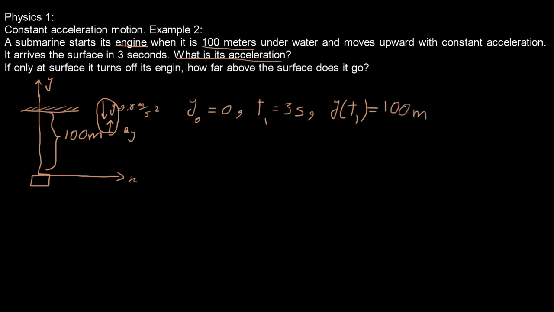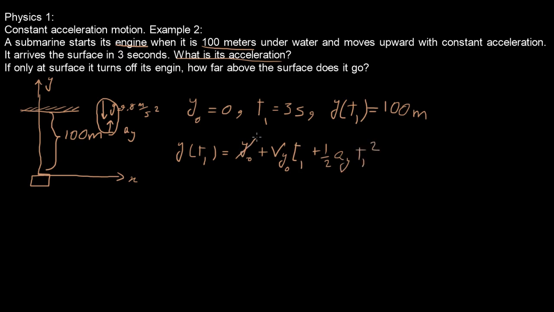Now let's use the equation y at t1 equals y naught plus vy naught t1 plus half ay t1 square.